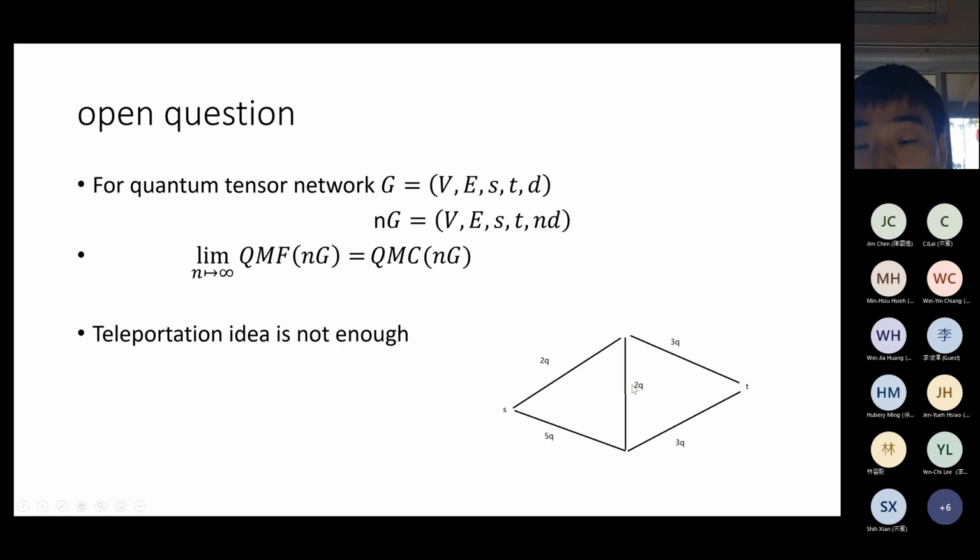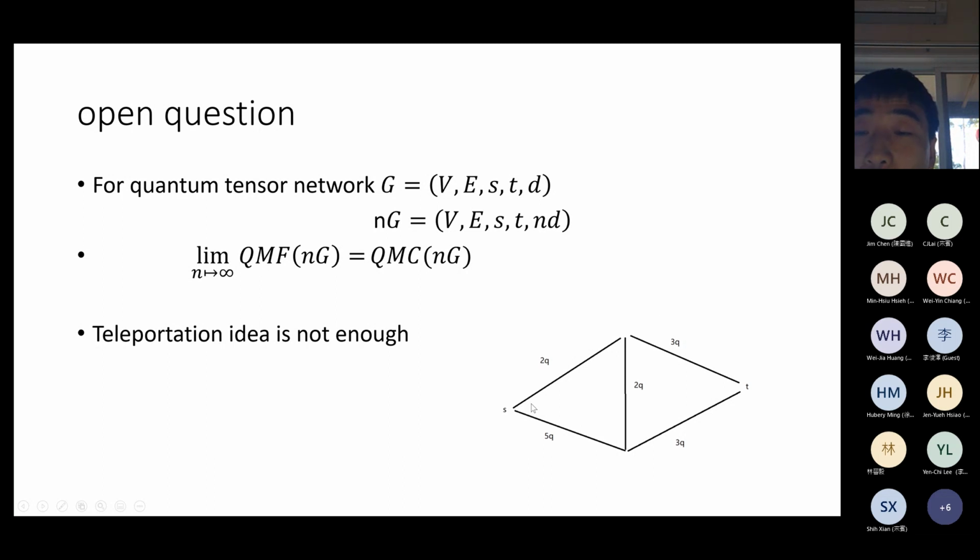For example, is this. This graph has four vertices, S, T, and this and this. And from S to this one, we have 2Q, 5Q. Suppose we want to show this, and we choose n to be a prime number Q. So we have 2Q, 5Q, 2Q, 3Q, 3Q. You can verify that the min cut is actually 9Q squared.